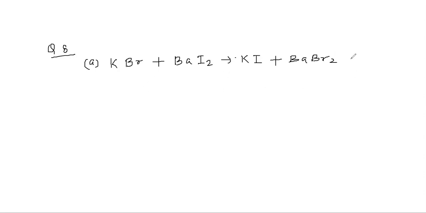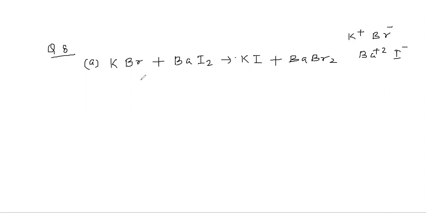So if we consider the valencies, K has valency +1, Br has valency -1, Ba has valency +2, I has valency -1. So that is why the compounds are BaI2, KI, and BaBr2.